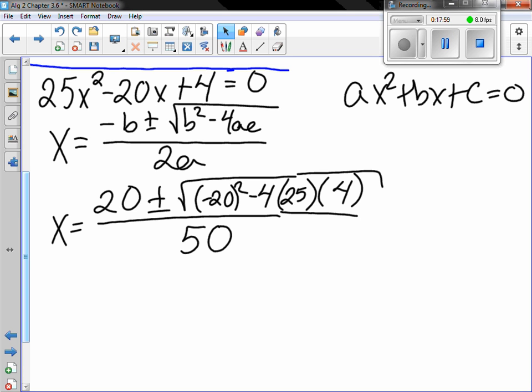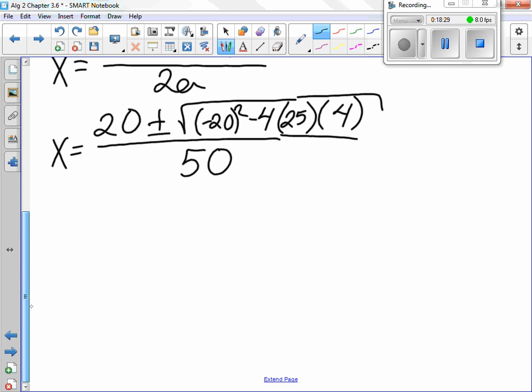If you need to rewrite out everything, negative 20 plus or minus the square root, minus 4 times, write it out and then go to this step, write each of the things in and then simplify, that's fine. There's nothing wrong with that. Because if that helps you keep track of everything, do it. Okay.